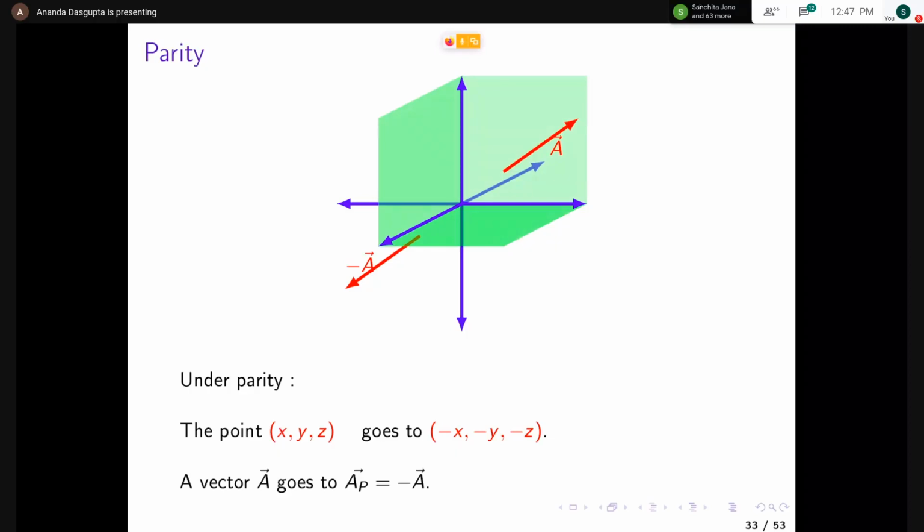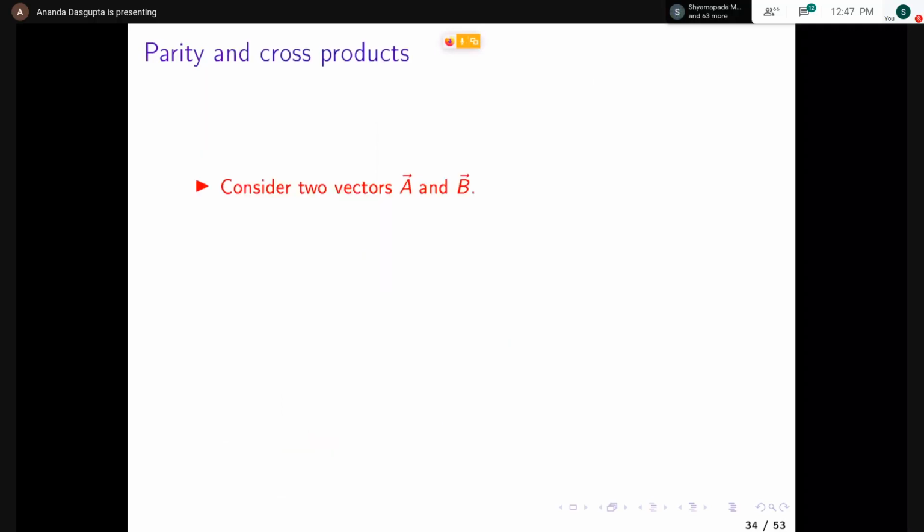However, describing vectors and pseudovectors becomes much easier using parity, because under reflection you have to worry about what happens to the in-plane component, what happens to the out-of-plane component, and so on. Under parity, there's just a change of sign. A goes to minus A. So what happens to the cross product of two vectors? If you have two vectors A and B, both of them are vectors.